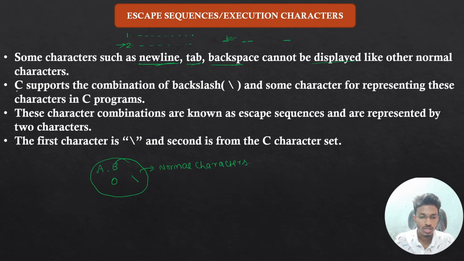So for this, the C language supports the combination of backslash and some character, like a normal character, for representing these characters in C programs. These character combinations are known as escape sequences.